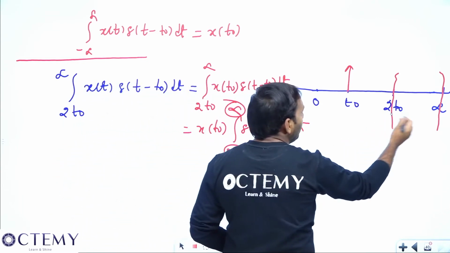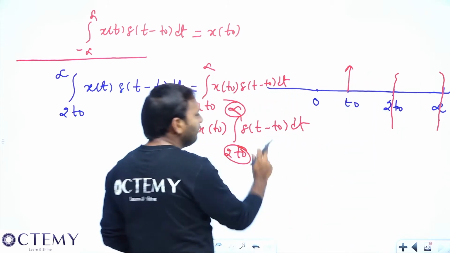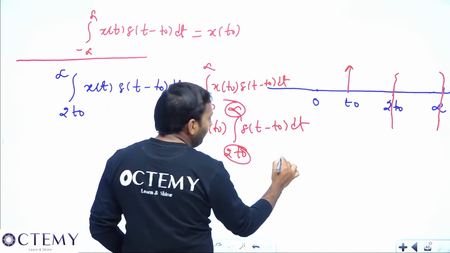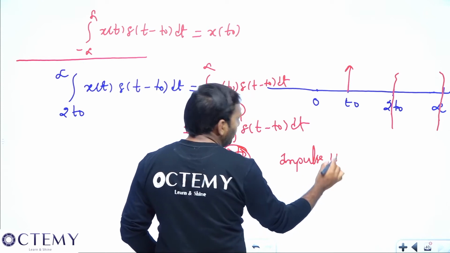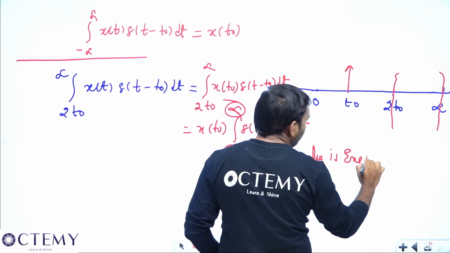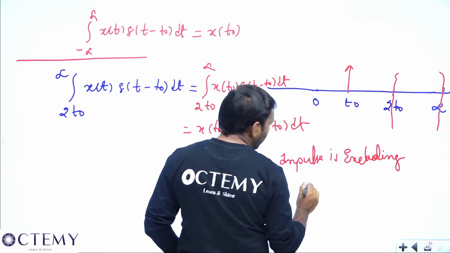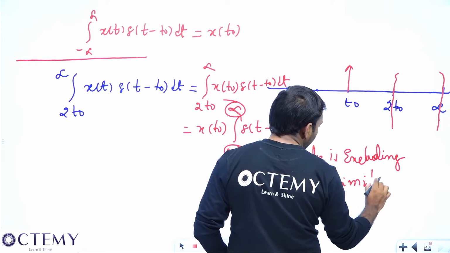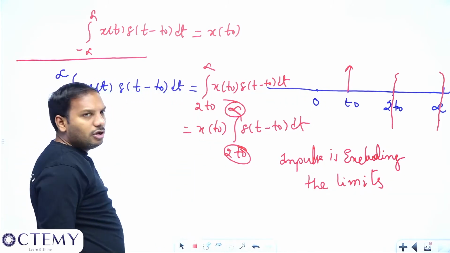2t0 is somewhere here, infinity is somewhere here. The limits exclude the impulse function. The impulse function is happening at t equal to t0. So here the impulse is excluded by the limits, and the area is now 0. Why?